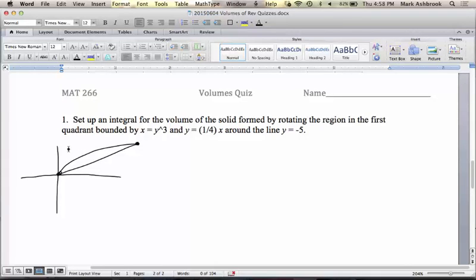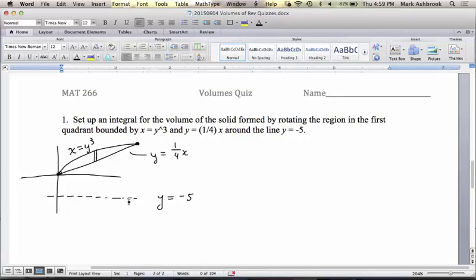So this is x equals y cubed, and then y equals 1/4 x, and then we're going about y equals -5. Okay, so if we do delta x, shells or washers? That'll be washers, right? And then if we do delta y, we'll get shells.